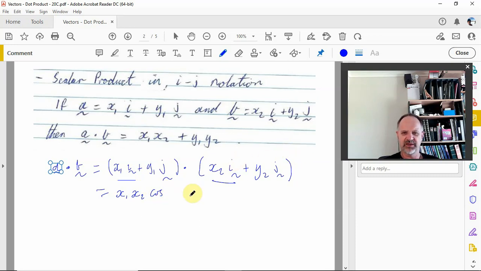Now I is pointing in the same direction, so that's cos 0, which of course is 1. Alright, and so that's where the x1 x2 bit comes from.